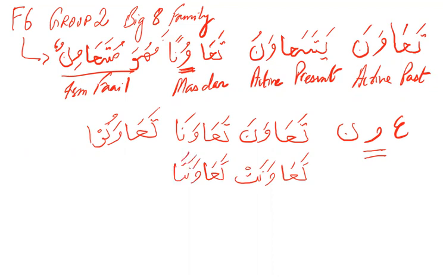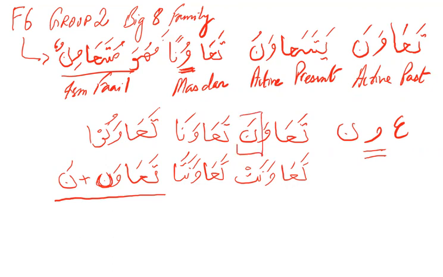So no change. But the problem happens in ta'awanna, right? From the Hunna version, the lam kalma, the last letter of the past tense hua, right? Noon. You have this noon, so you need to put a jazm on it, because that is what starts to happen from Hunna in all of the past tenses, that the lam kalma gets a jazm.